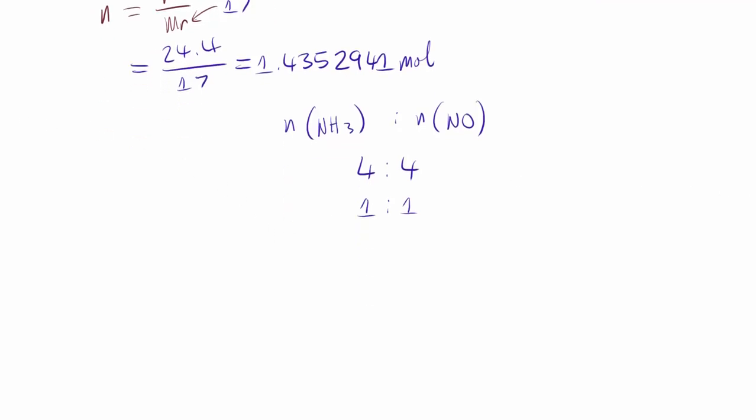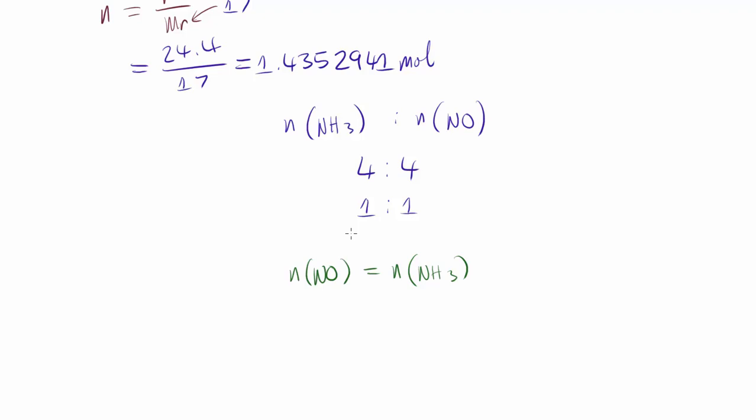Right? And what does this tell us about the number of moles of nitric oxide? It tells us that the number of moles of nitric oxide is the same as the number of moles of ammonia, because it's a 1 to 1 ratio.